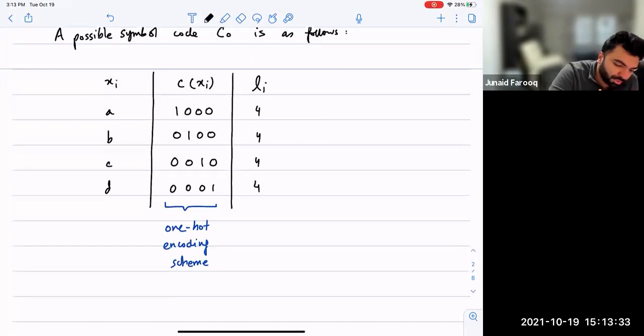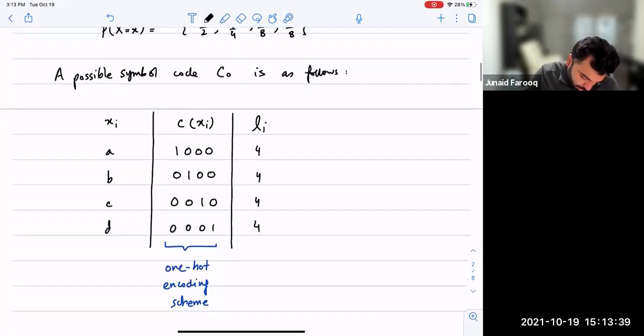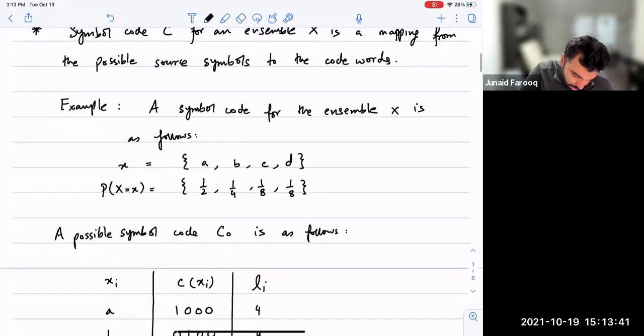Now these symbols at the input are probabilistic. So you will get A with a probability of half, B comes with a probability of 1/4, and C 1/8, and D 1/8.